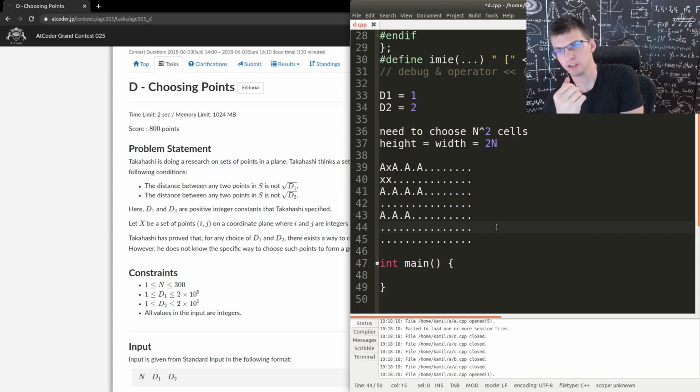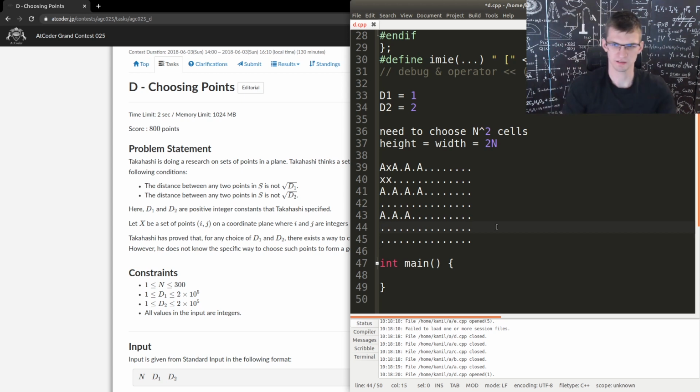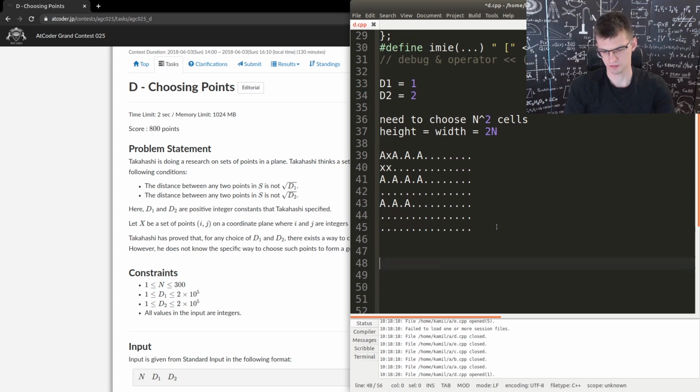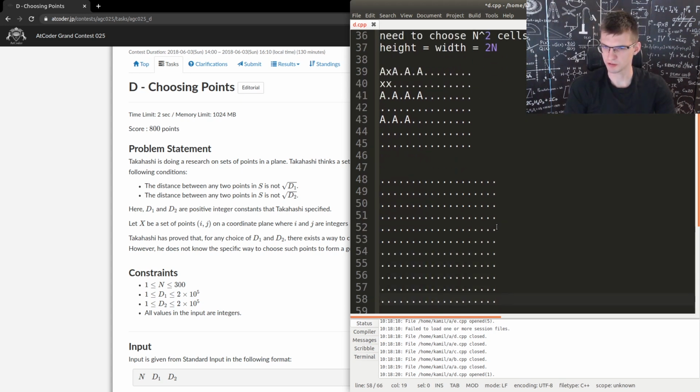Maybe we then can do more. But the number of forbidden cells is 8 usually. Can it be bigger? No, it's exactly 8.